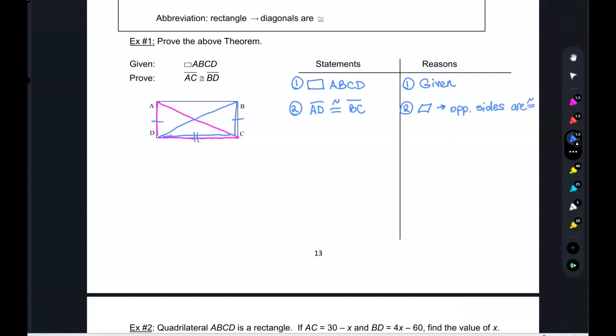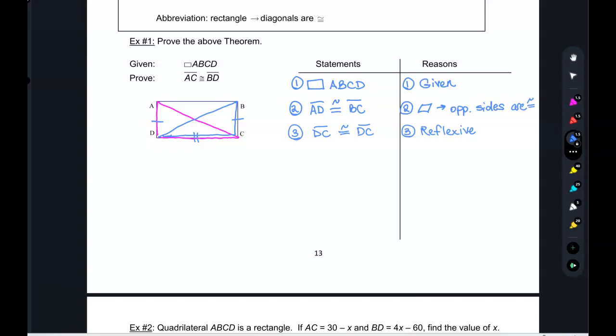They both share that same side. Now, you had said hypotenuse leg, but we're really trying to get the hypotenuse of each of these triangles congruent, so we can't use that. What else can we say?